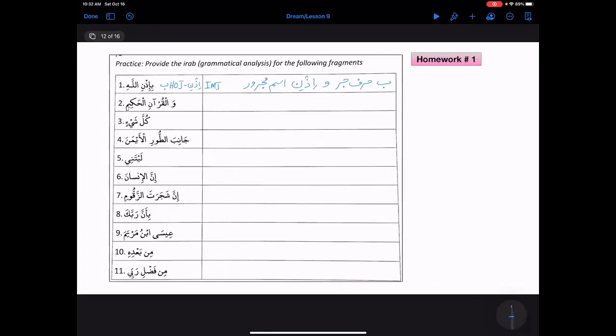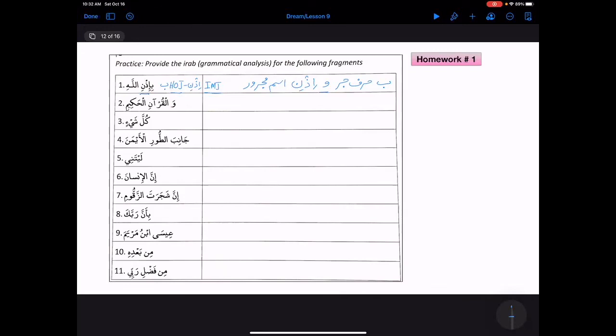So ba is harfu jar, and izni is ism majroor. Or you can just say in English: ba is harfu jar and izni is ism majroor. Right, so this is how you are going to do this homework.